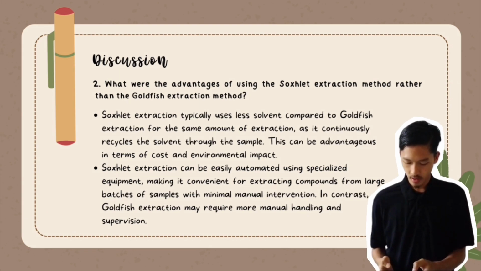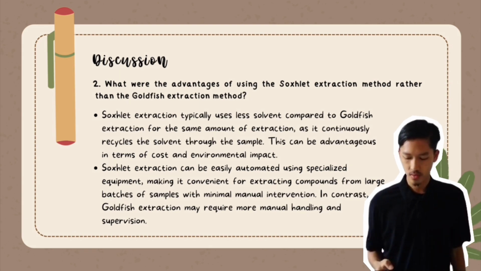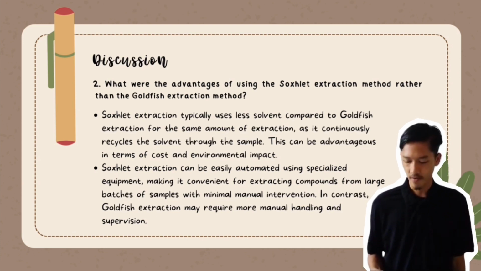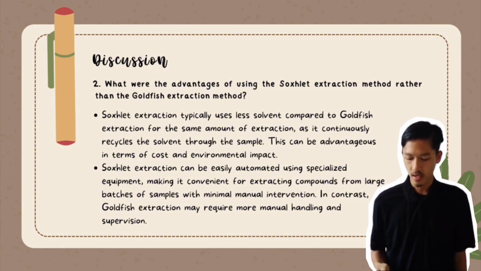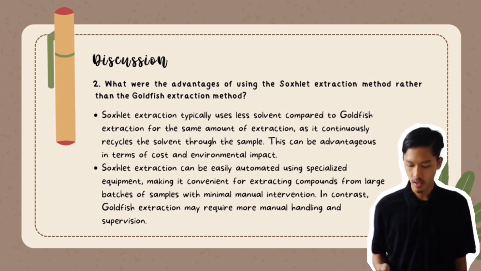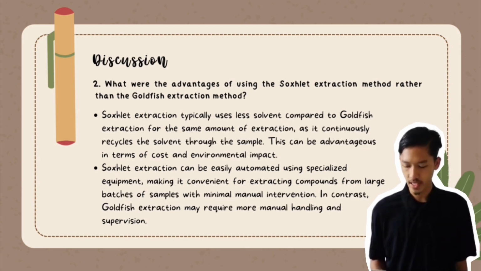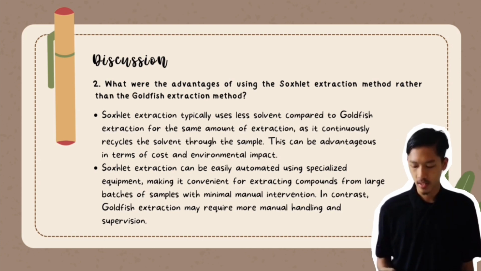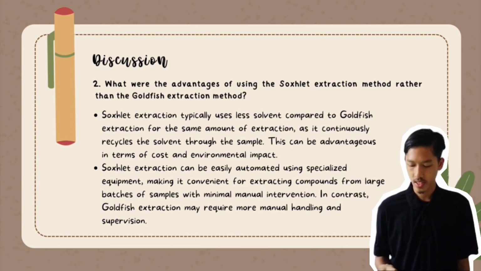Okay. For discussion number 2, what were the advantages of using the Soxhlet extraction method over the Goldfish extraction method? Okay. Soxhlet extraction typically uses less solvent compared to Goldfish extraction for the same amount of extraction, as it continuously cycles the solvent through the sample.